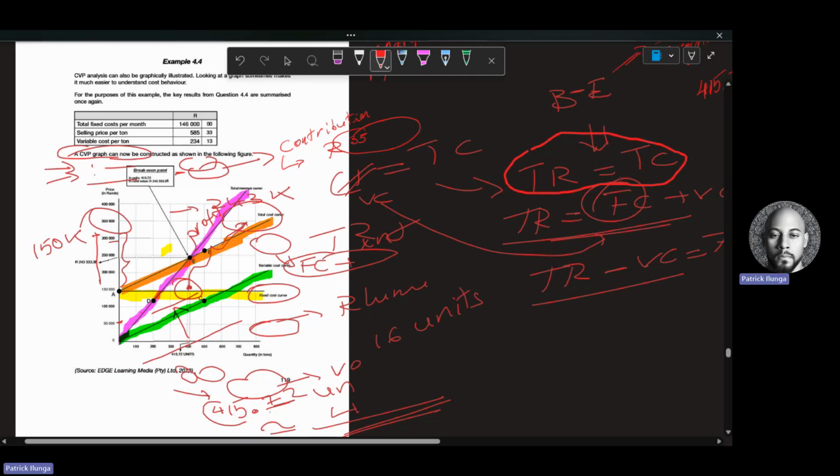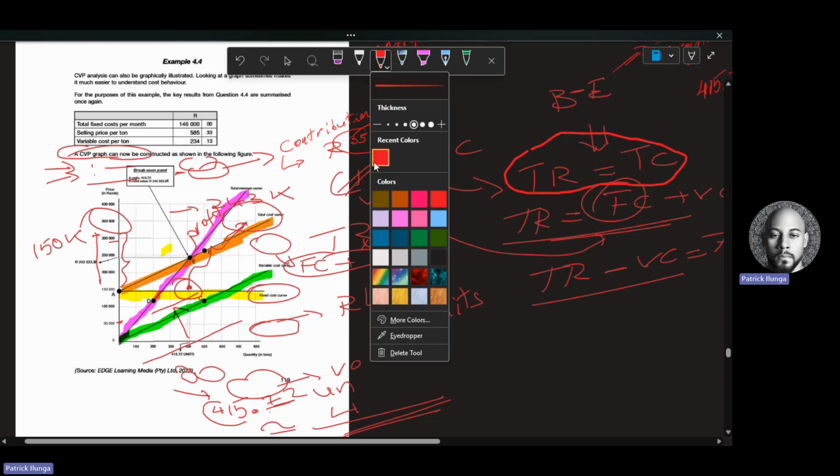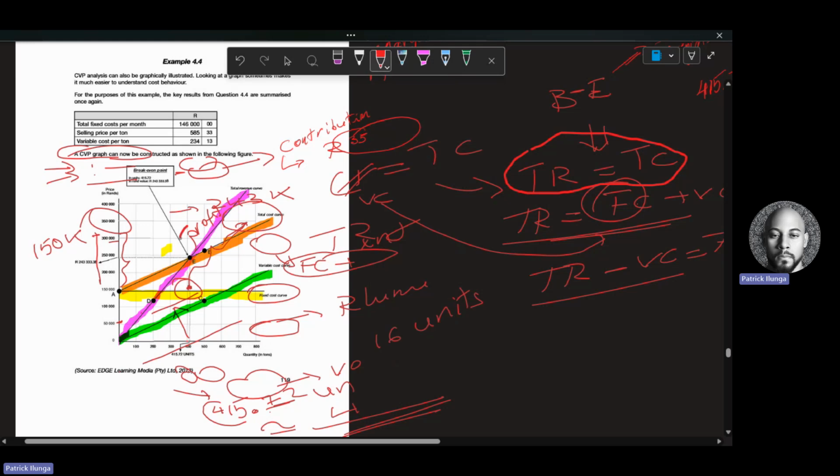Now, if you go beyond this, you're starting to make profit. That's the reason why I'm showing you this here, to say this is where you begin to make profit. Everything here is a profit zone because you have already covered your cost. Everything beyond that is your profit.